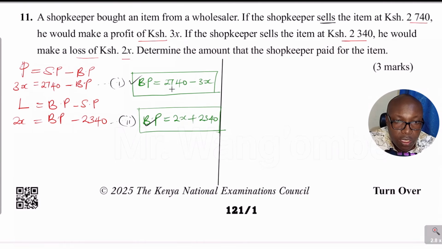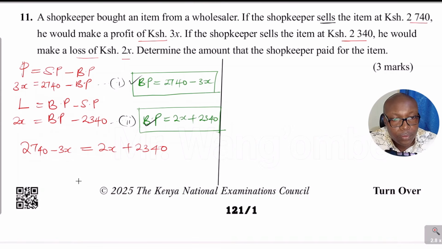Because both of these equations are showing the same thing, buying price, we can equate them and say 2740 subtract 3x, that is buying price, and it is equivalent to the other buying price, which is 2x plus 2340.